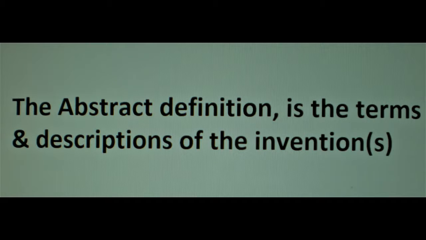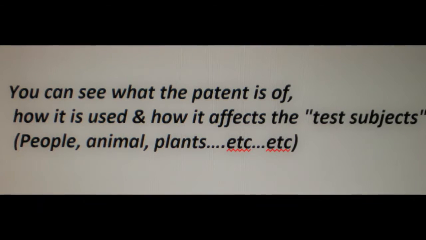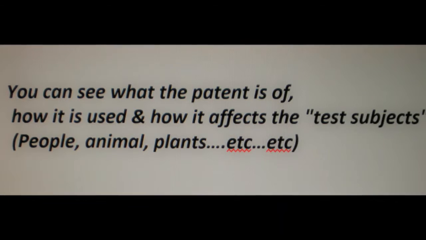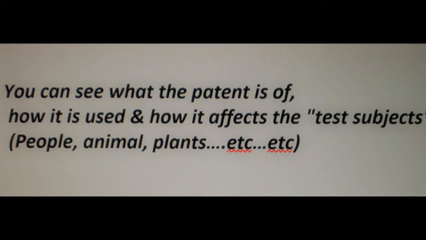The abstract definition is the terms and descriptions of the inventions. You can see what the patent is of, how it is used, and how it affects the quote-unquote test subjects, things like people, animals, plants, etc.